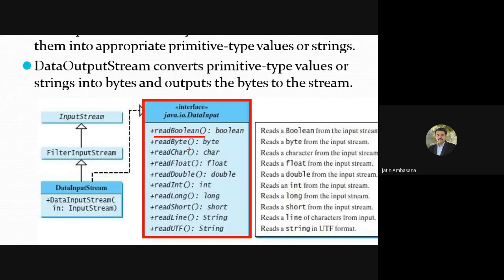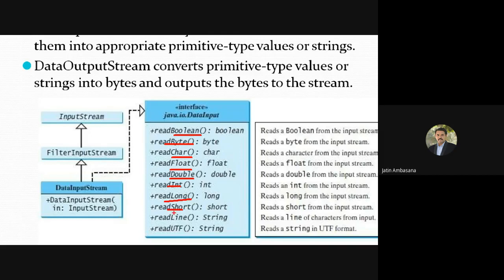And you can see there are lots of methods available to read directly the boolean, byte, char, float, double, int, long, short, even a line as a string, and even UTF values. Okay, read the string in the UTF format.